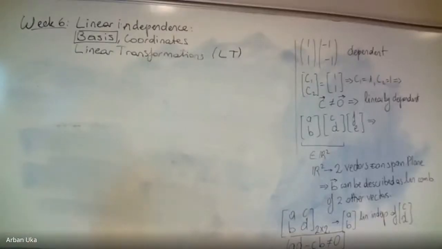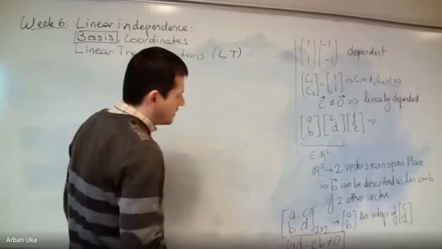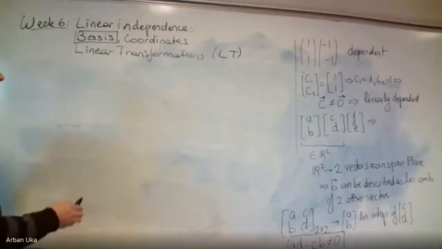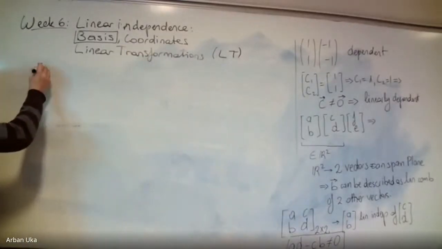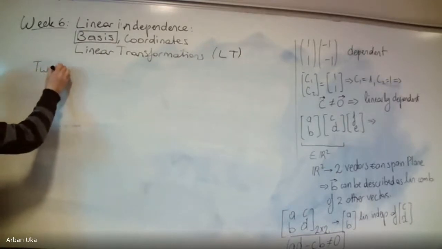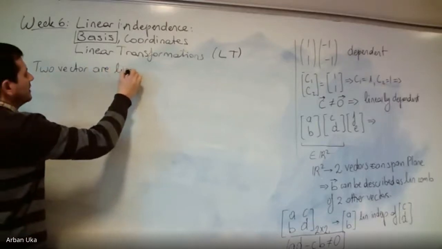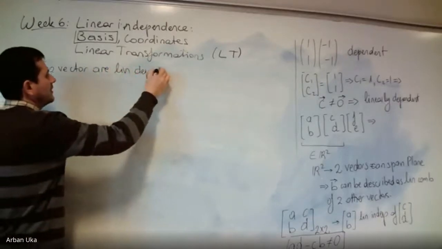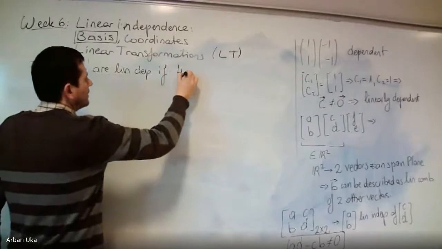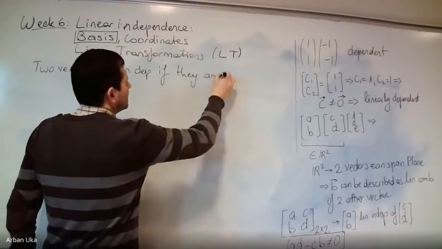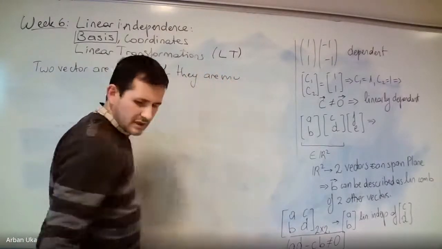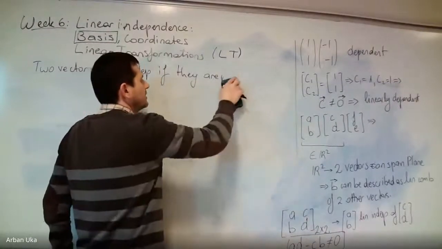Okay, so it looks like we can produce vectors which are linearly dependent or independent. And in fact, at this part, we can also write a conclusion. So we can say that two vectors are linearly dependent if they are scalar multiples of one another.